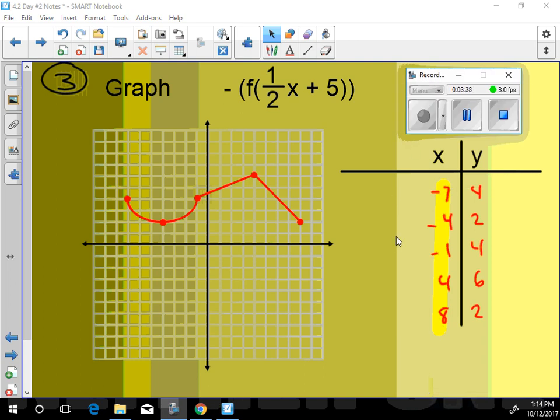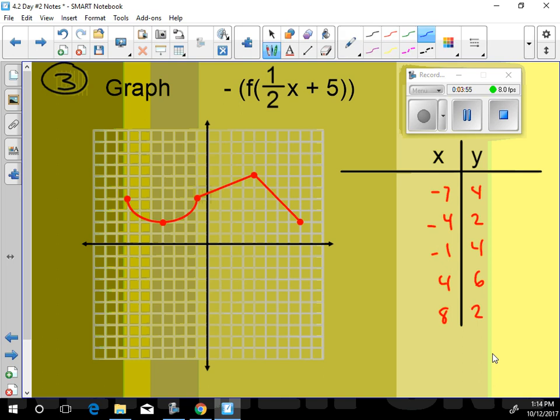Okay, now, changes that need to be made here. I need to take away this yellow highlighter because those values of x are not going to stay the same anymore. All right, so my values, horizontally, what's going to happen to them? What comes first? Horizontally, inside.